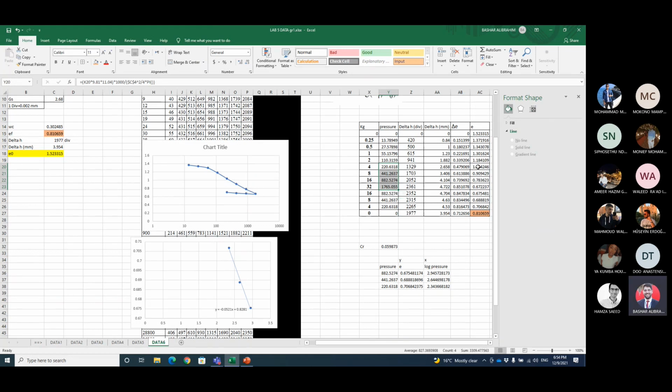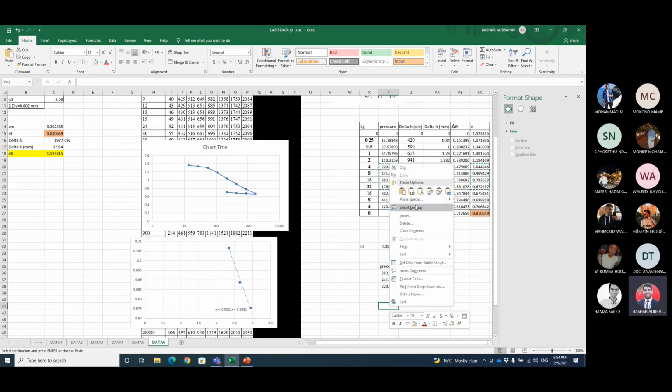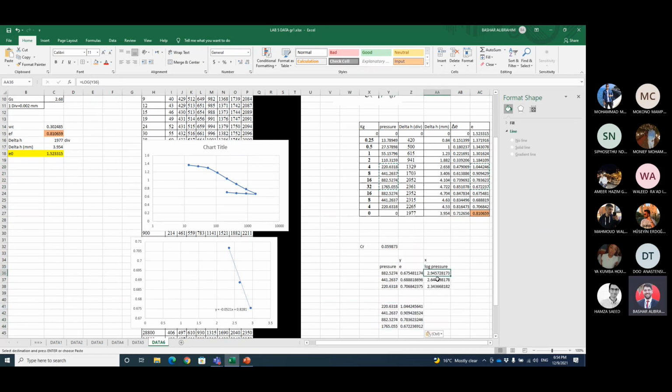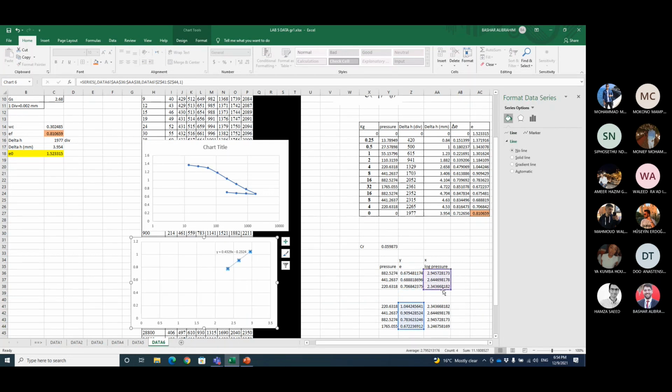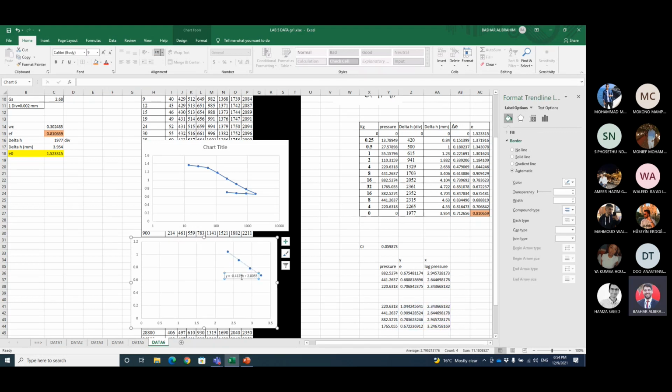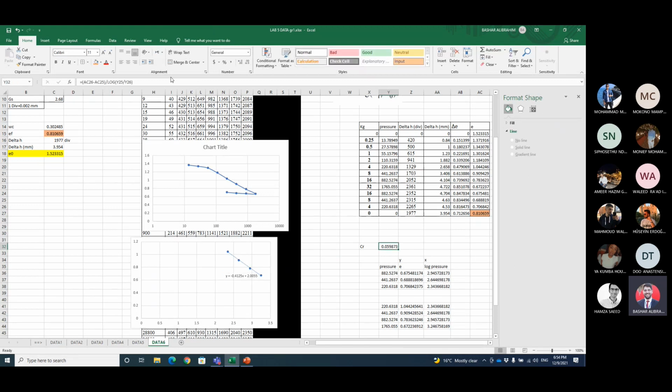So again, I can do the same thing. Take these, paste them, take the pressure. So paste it here, then let me just change the data so it is easier for me. So we can see that CC is 0.4125, or if I want to do it manually, let me change it manually and see what we will get.